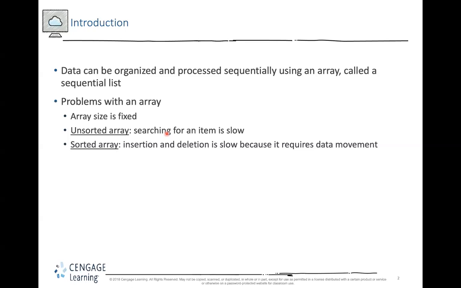Once you insert an element, you need to move the rest of the elements, or deletion likewise, so that the elements are contiguous and sequential. So that requires data movement.